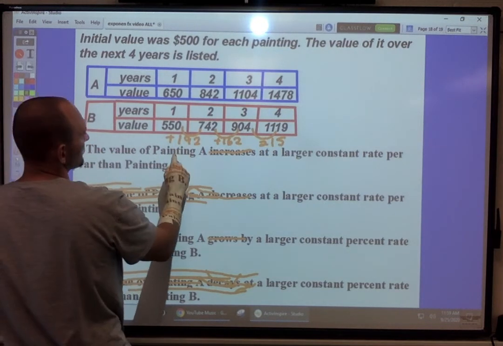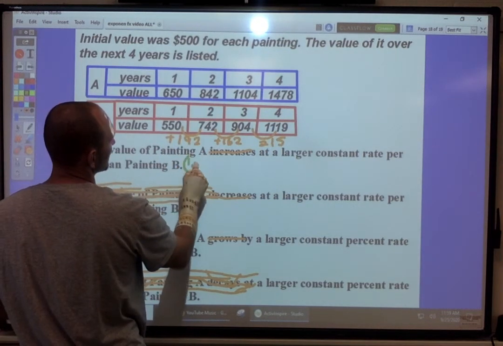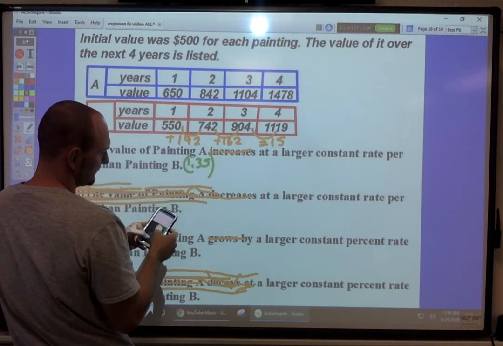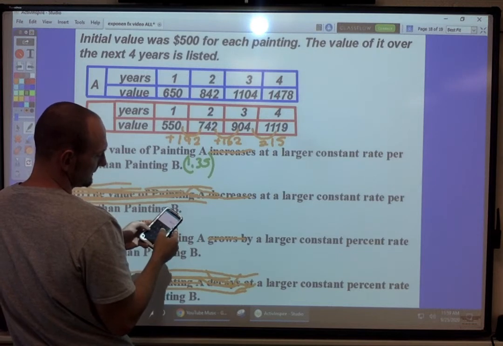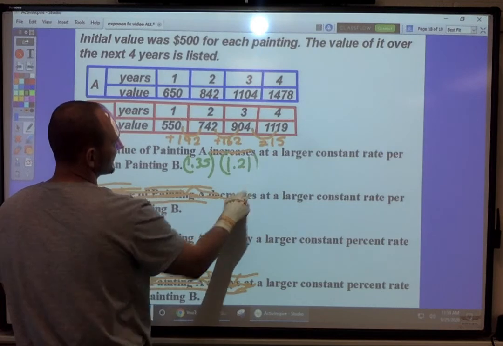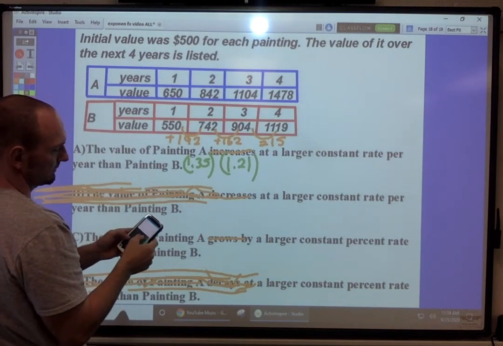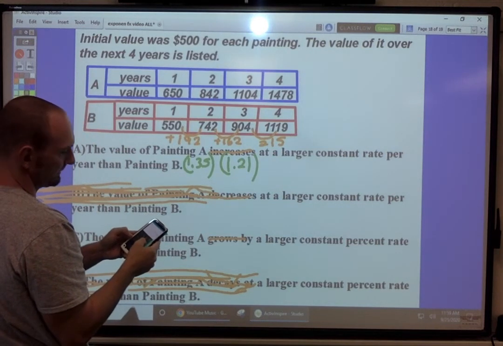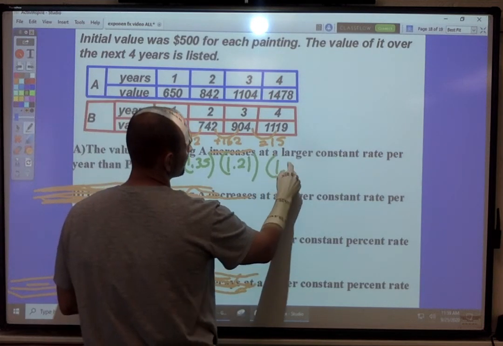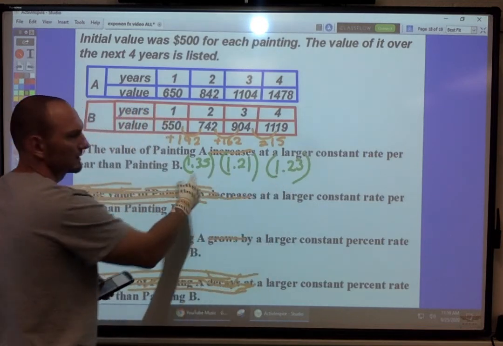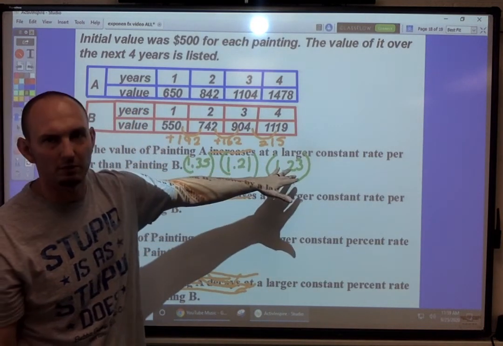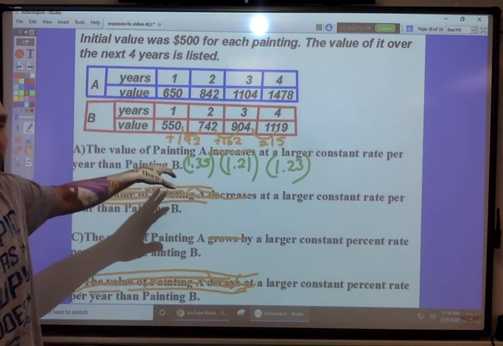Divide these, so we're going to go 904 divided by 742. 1.21 is a factor. 1119 divided by 904, 1.23. This seems to be a little more consistent. So that tells me this is exponentially growing, some kind of percent, and we're just having to round it because it's money.